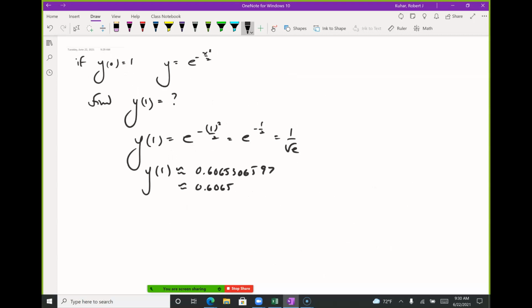I think GeoGebra for Euler's method will give us 4 decimals or more, or we could even control it. But in this particular situation, we've got the problem and the initial value, but we can't find the solution. So we're going to estimate it using Euler's method.